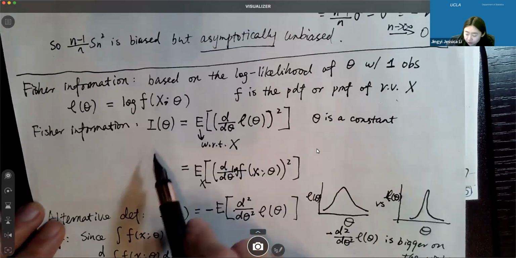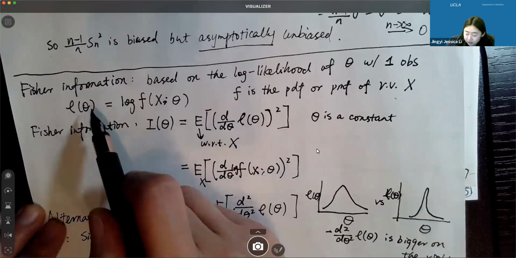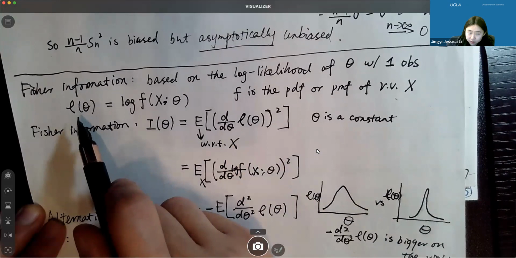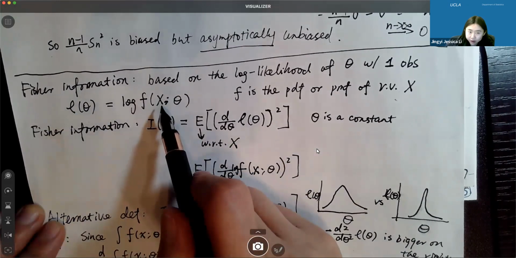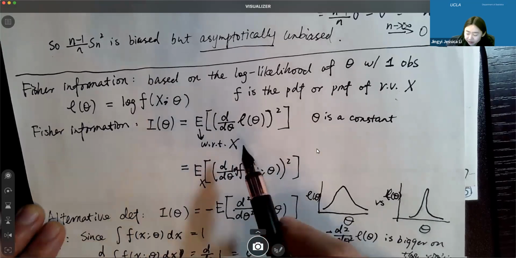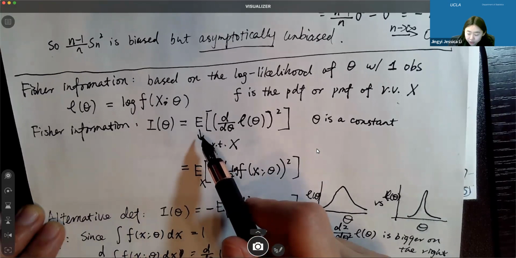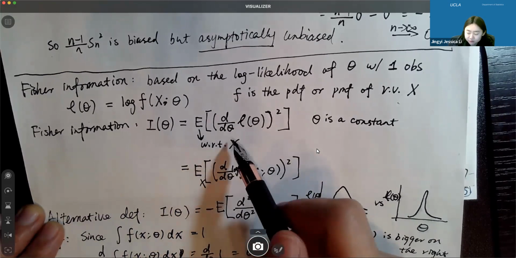In this Fisher information definition, you can see that we write this as the log likelihood, but the likelihood is a function of theta. And the likelihood definition involves this one random variable x. Last time we said that when we talk about expectation in the definition of this Fisher information, the expectation is with respect to random variable.